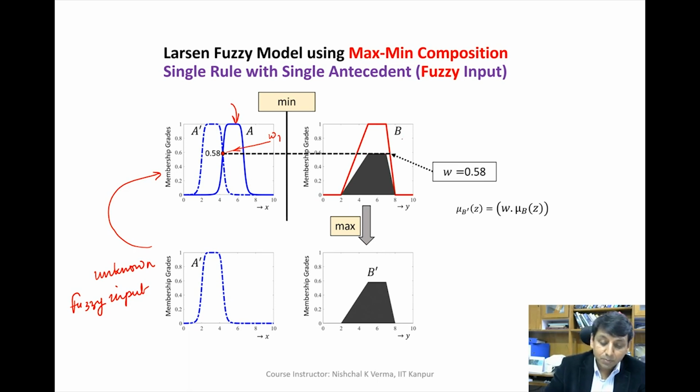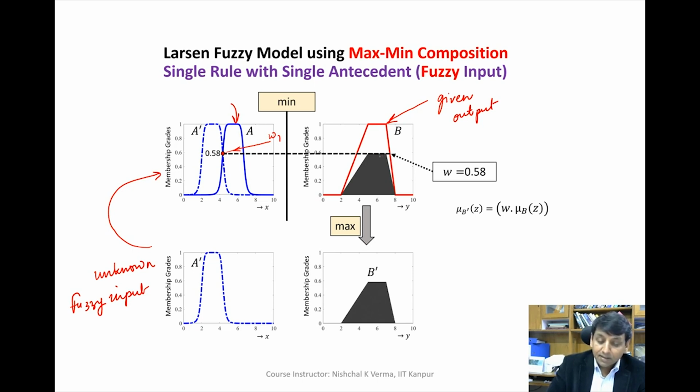Here, since B is given, this is the given output fuzzy set, and here we have the corresponding membership function, that is mu B. So how do we get the corresponding output fuzzy set corresponding to the A dash?